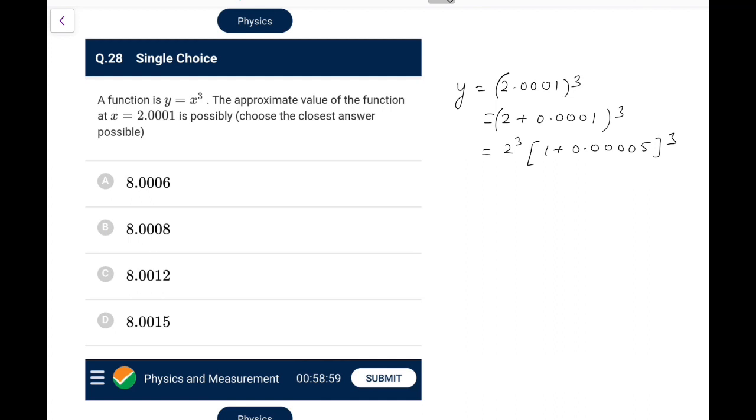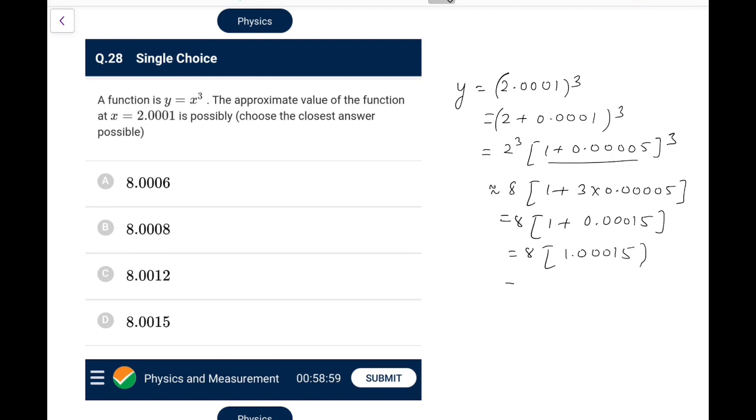Now using binomial approximation, this is 1 plus x to the power n, which can be approximated as 1 plus nx, that is 3 into 0.00005. So it is 8 into 1 plus 0.00015, so it would be 8 into 1.00015. So 8 5s are 40, 8 1s are 8, which gives 8.00120. Go for option C using binomial approximation.